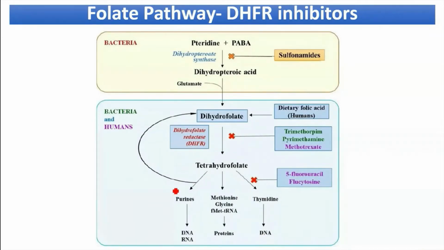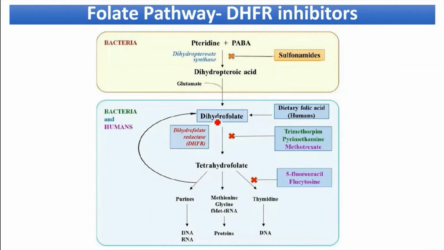pathway. So all these taken together, you will realize that this conversion of dihydrofolate to tetrahydrofolate is essential for cell survival. It is essential for cell replication. So if this is not provided to the organism, or humans, if we are talking about an anti-cancer agent, you will not have cell replicating, you will not have cell surviving, which causes the cell to die.